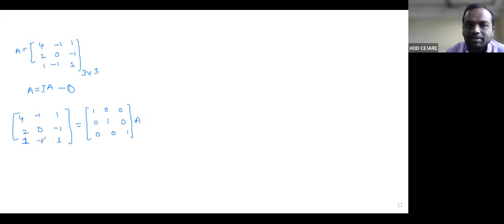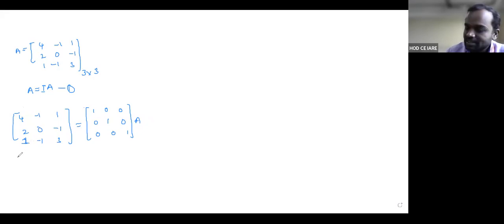So with row operations and column operations, we have to convert this matrix into a unit matrix, with the help of elementary operations.